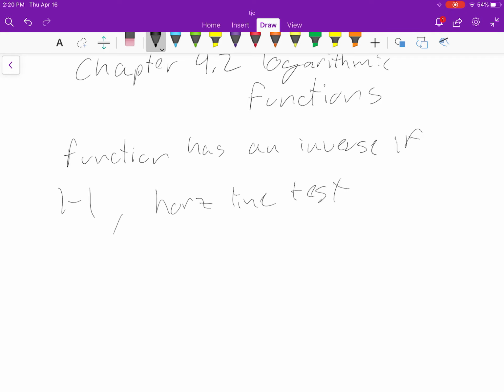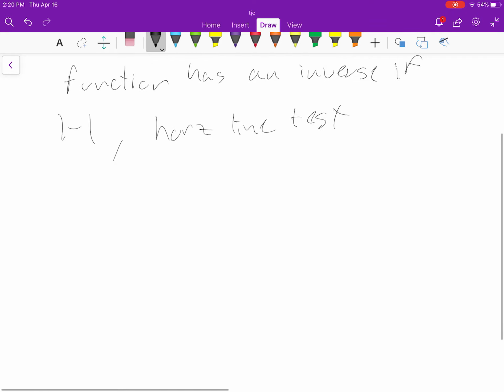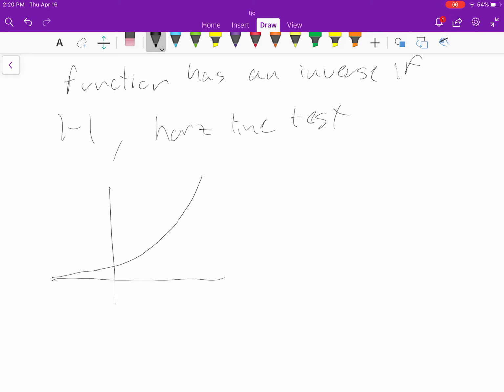And if we look at an example of an exponential function like this one here, we can see that it does pass the horizontal line test. No matter what horizontal line you draw, it only crosses once. So it is a function, and it is 1-to-1, so it should have an inverse.